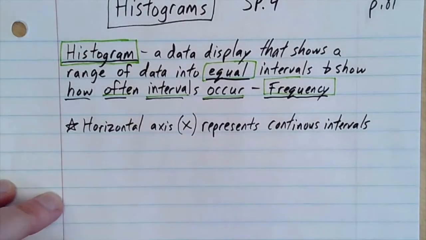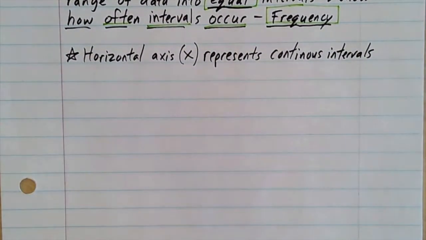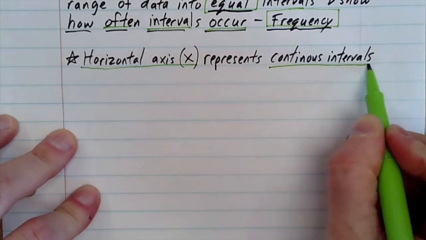And continuous intervals, so when I showed you the picture of the histogram, it was 0 to 29, then the next one picked up right after 29 would be 30 to 59, and then 60 to 89, so they pick up right after where the other one leaves off. So your horizontal axis is going to represent the continuous intervals.